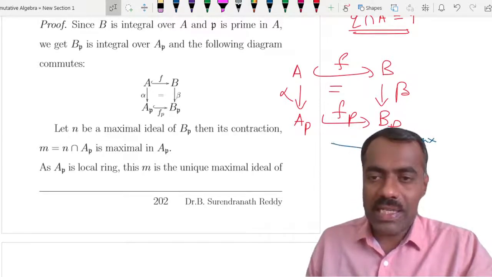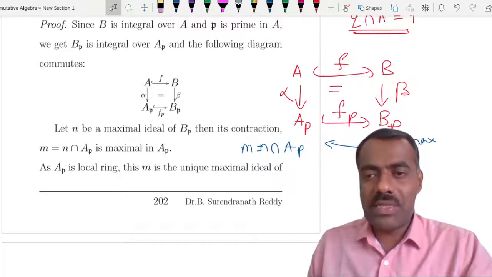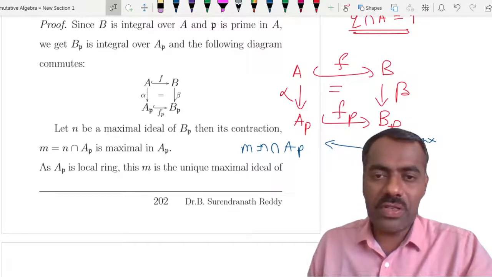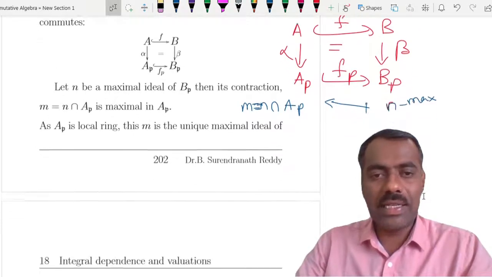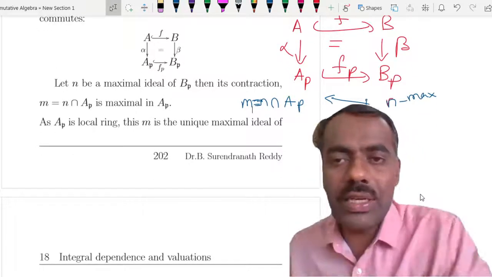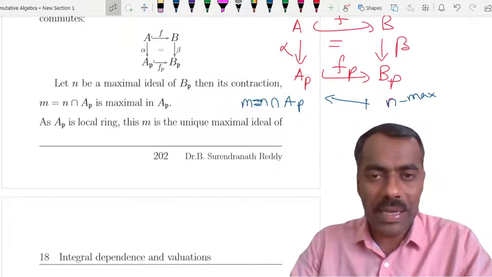Then you take its contraction, N intersection A_P, and call it M. Because this is a maximal ideal, M is maximal here, and because A_P is a local ring, this has to be the only maximal ideal.